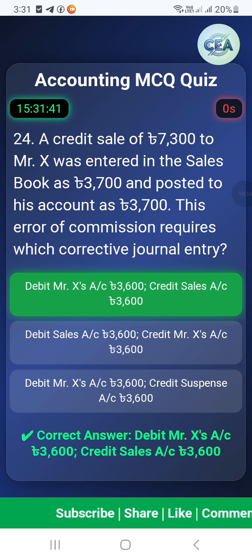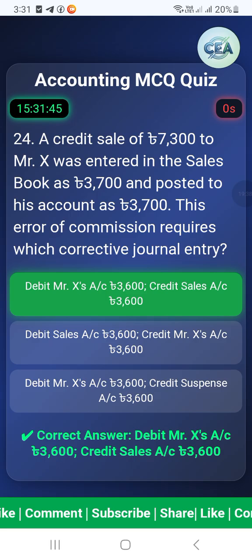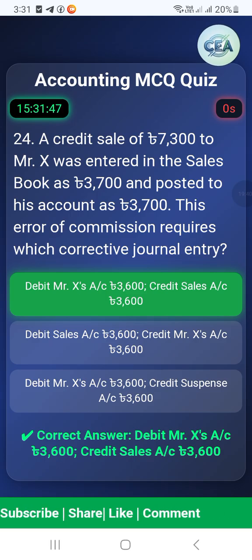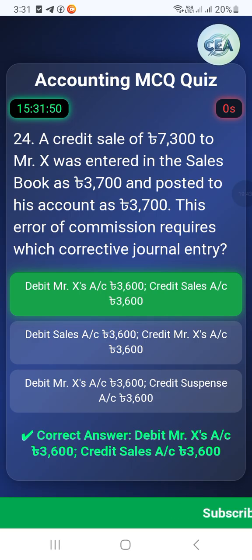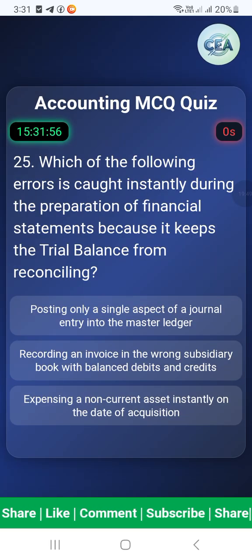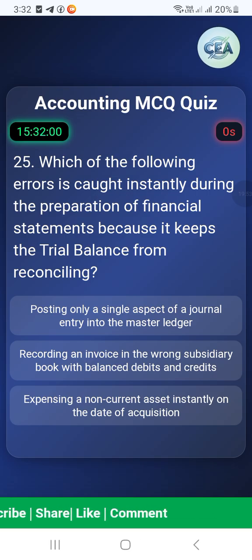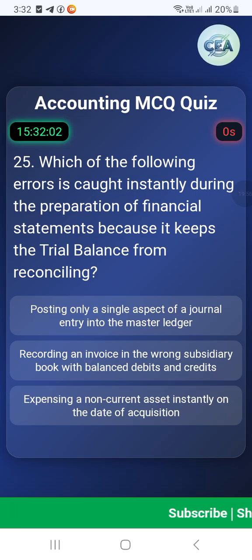Correct answer is debit Mr. X's AC 3,600 takas, credit sales AC 3,600. 25. Which of the following errors is caught instantly during the preparation of financial statements because it keeps the trial balance from reconciling? Option 1.